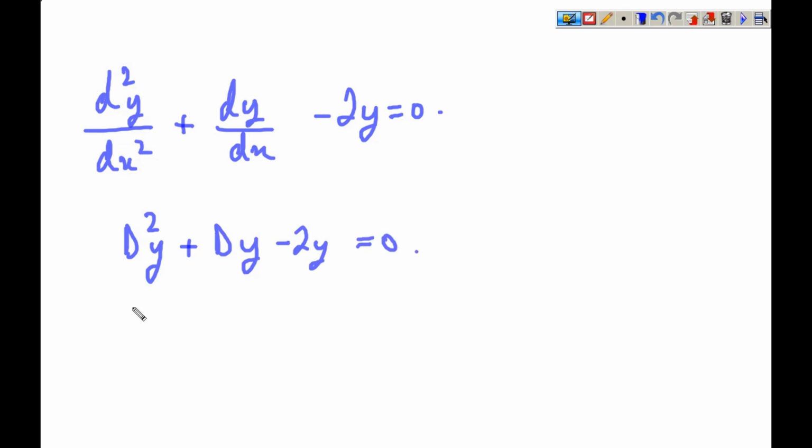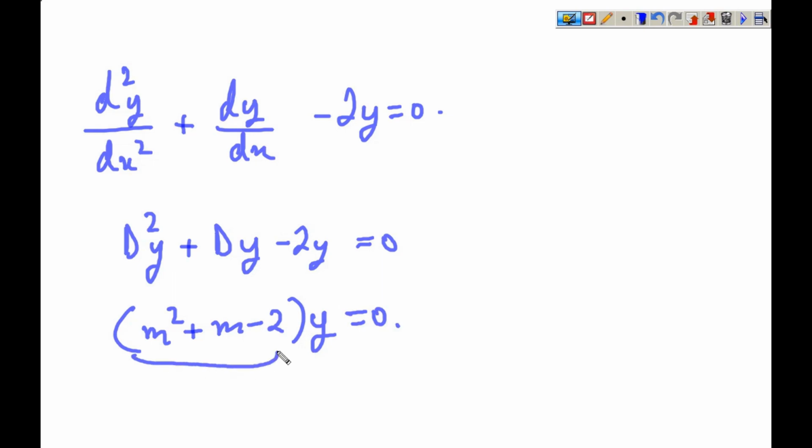Again, taking y as common and assuming D to be a variable, I can rewrite it as m² plus m minus 2. I'm getting a different quadratic equation here. Solving this quadratic equation, I'm getting m as plus 1 and minus 2. So here they are real numbers and distinct.